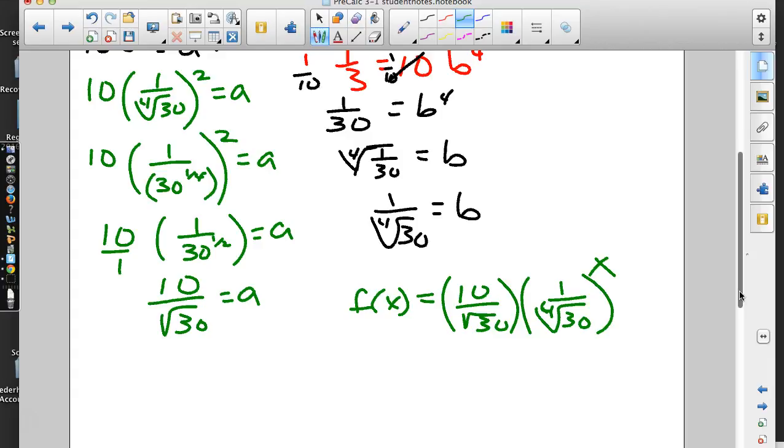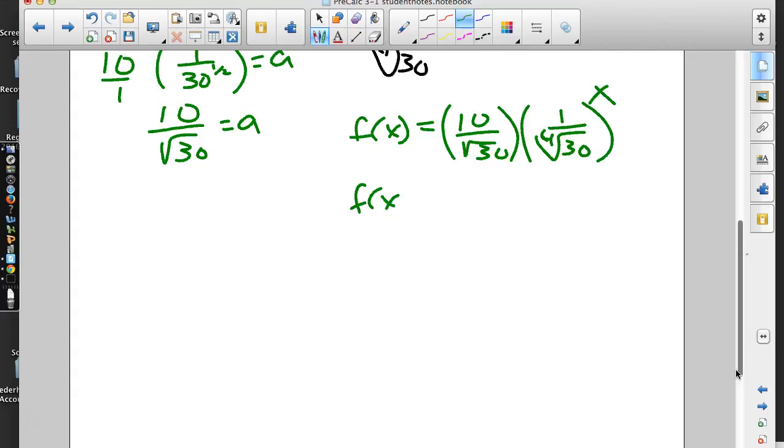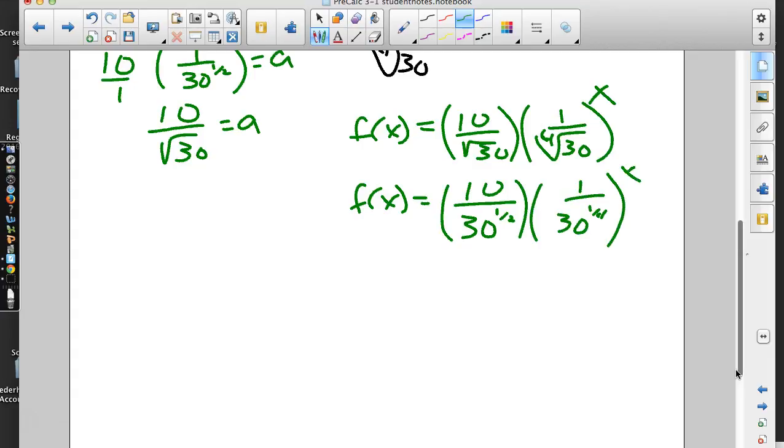Now, here's the thing again. Yes, you could see it like this, but remember, you could see it with the fraction powers as well. And you have to know that they would give you the same thing. So you want to be able to write it either way as you go through there.